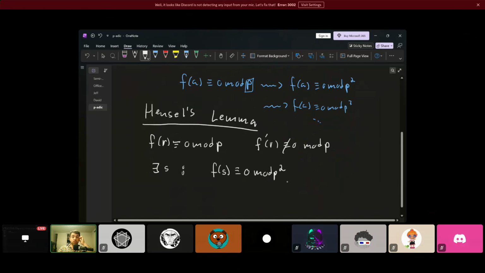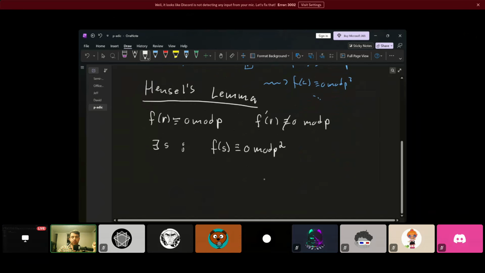So in other words, this gives us a way to lift roots. So if you can solve your polynomial mod p, you can solve it mod p squared. And in fact, this process can be continued inductively. And so you can actually find different values to solve it mod any power.